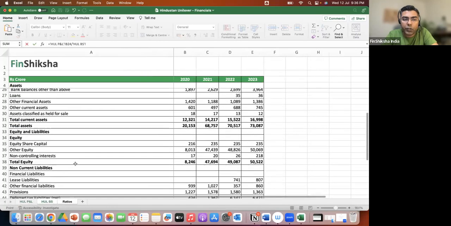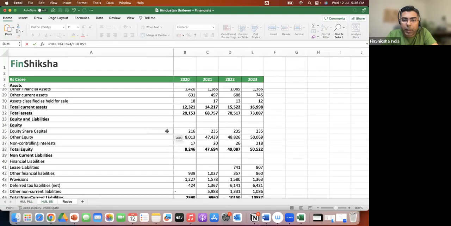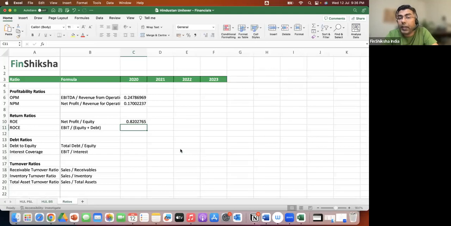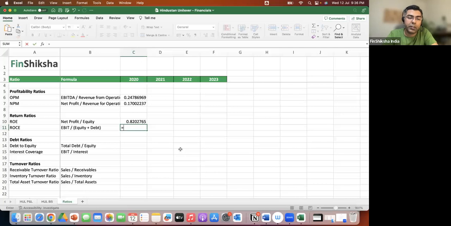So equity, if you see, is equity share capital and other equity. So you add both of these. We'll take total equity because that non-controlling is a small number and we've anyway included that there. So total equity is what I'm going to use in the denominator. That's this number, 82%, right? Note this number. It'll be interesting to see what happens after this.